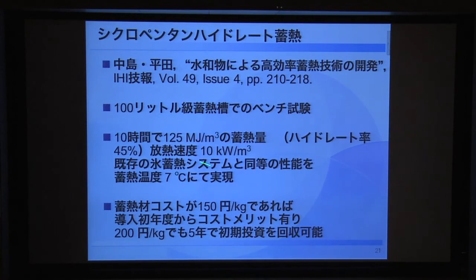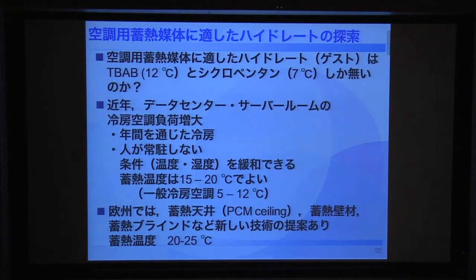A 100 kiloliter level container is used, dynamic heat conversion is possible, and storage temperature can be as low as 7 degrees, and cost calculation is being done by IHI. So depending on the material used for storage, this cyclopentane hydrate can be very efficient.